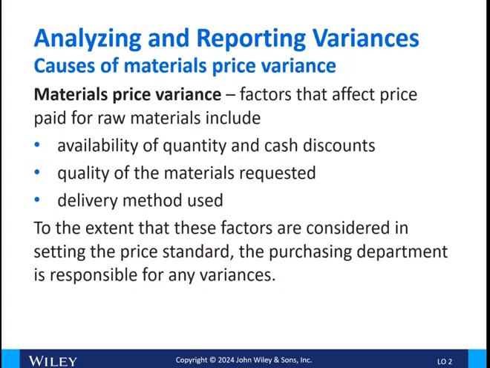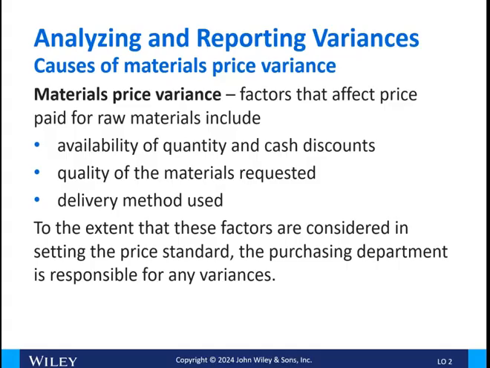So what causes some of these variances? For materials price, it could be the availability of quantity and cash discounts, the quality of the materials requested, the delivery method used. All of those could be things that change the price.